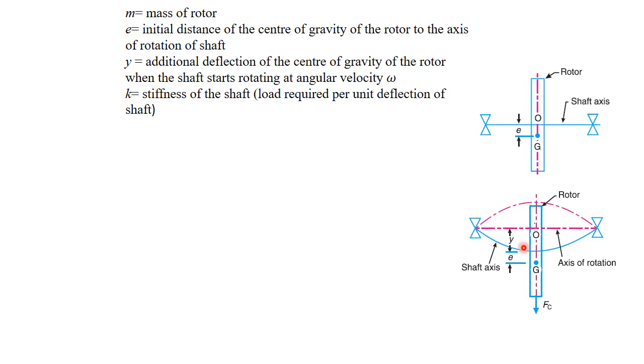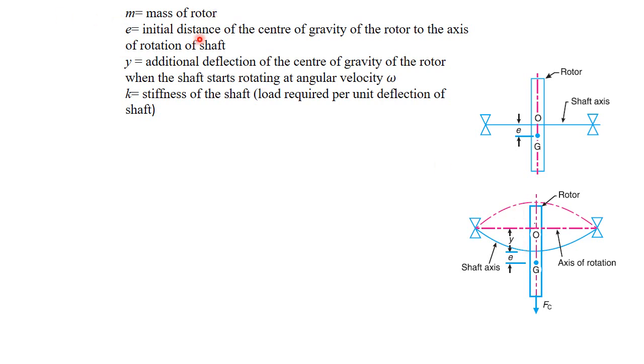It happens at a speed called whirling speed or critical speed, the speed at which the vibration of the shaft is at its resonant condition, that is, the natural frequency of the system is equal to the excitation frequency.